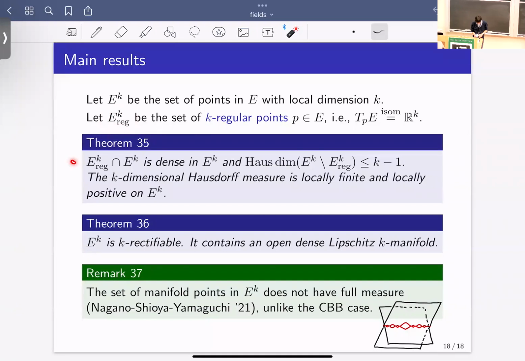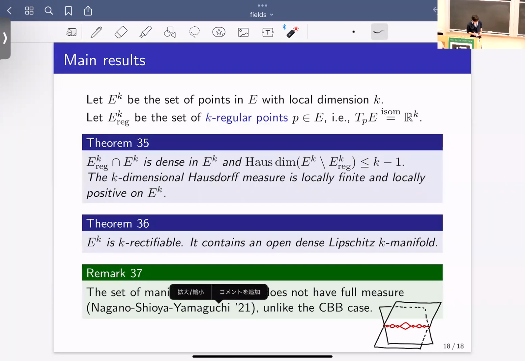But you can show that the intersection of E_k^regu and E_k is dense in E_k, and also the complement has Hausdorff dimension at most k minus 1. Okay? So each k-dimensional part of E contains sufficiently many k-regular points. And also the k-dimensional Hausdorff measure is locally finite and locally positive on E_k.